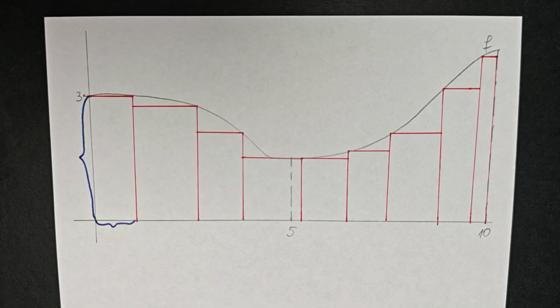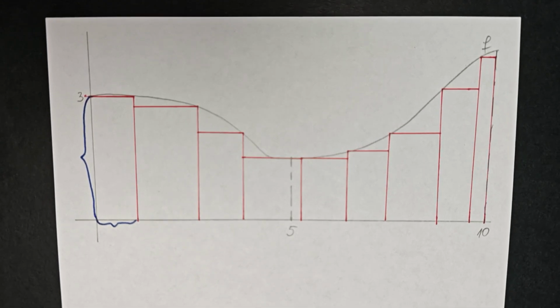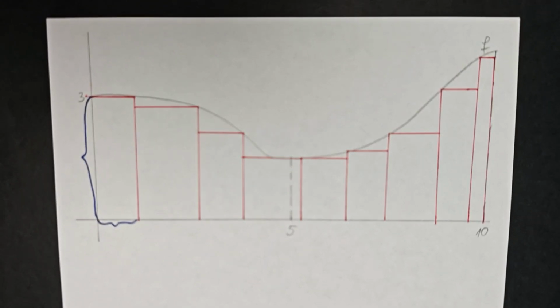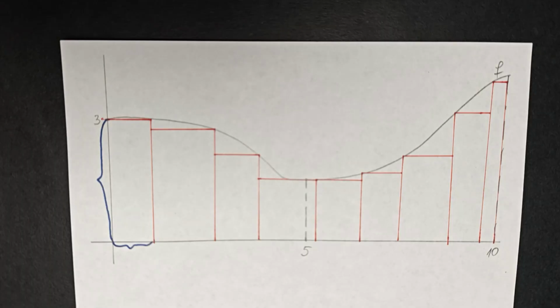In order to get the area of this shape, I just have to add up the areas of all of these rectangles. And this is exactly how the concept of integration got invented. So the problem that we are hitting now is precision. Using all of these rectangles, we have approximated to a certain degree the area of our shape, but we don't know the exact area.